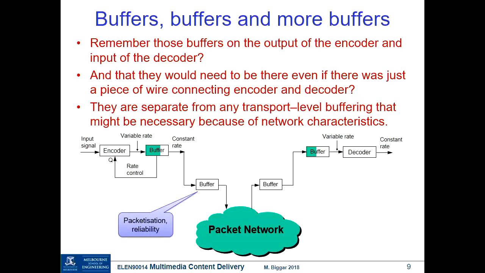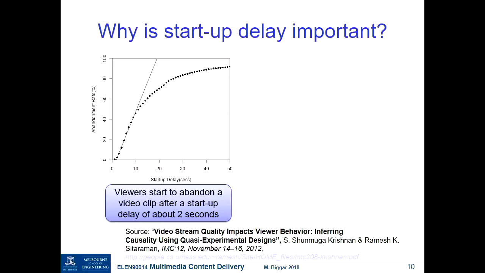We need to accumulate enough bytes to fill up a packet. And if we're relying on the network transport for reliability, then we need to buffer data there because it might need to be retransmitted. And at the receiving end, as we've just discussed, we need to remove jitter and possibly request retransmission.